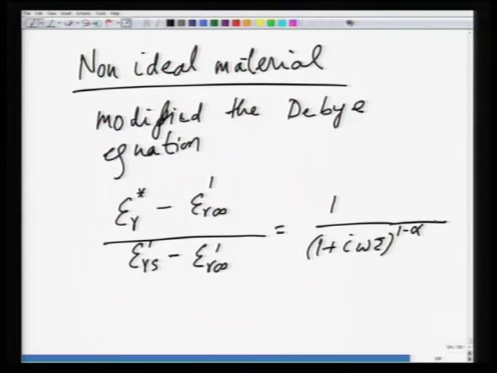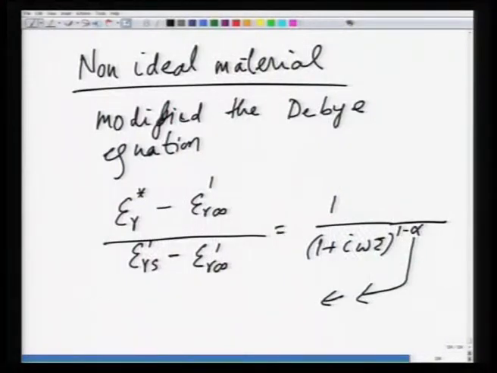So, this is the modified Debye equation, where alpha is a parameter which takes care of non-ideality, and this non-ideality is effectively represented in terms of a variety of relaxation times. So, you do not have a single relaxation time; rather you have many relaxation mechanisms which have their own relaxation times.